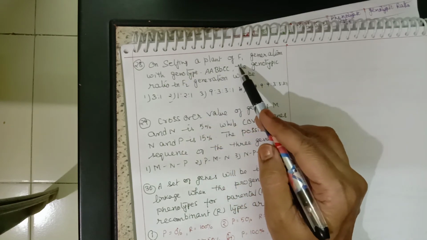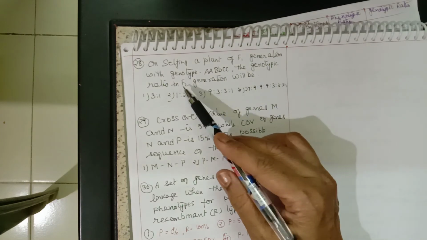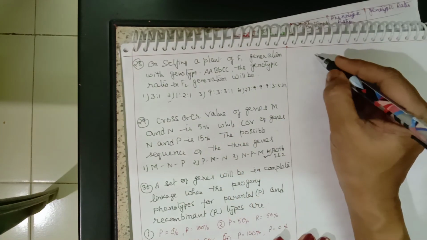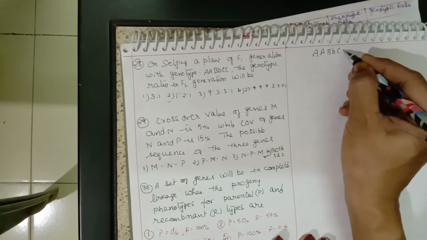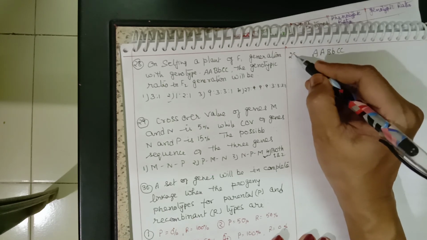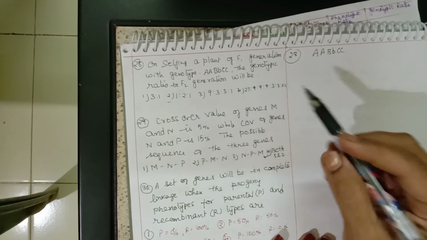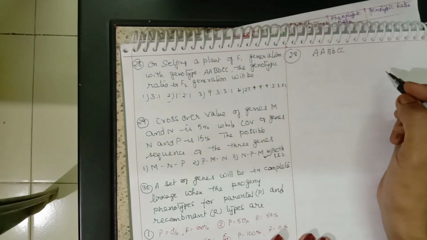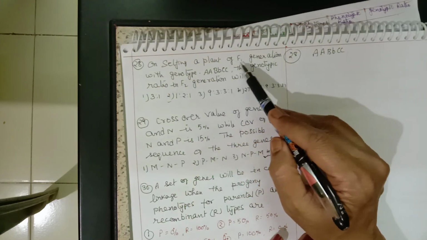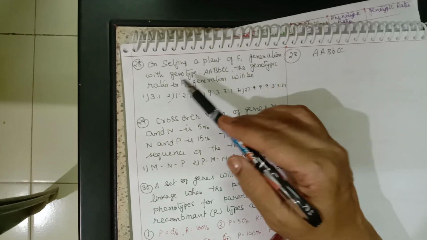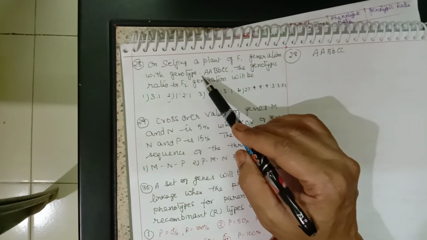On selfing a plant of F1 generation with this genotype, the genotypic ratio in F2 generation will be what? This is the genotype given.